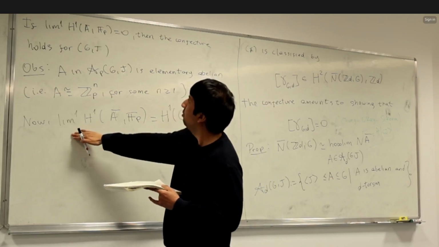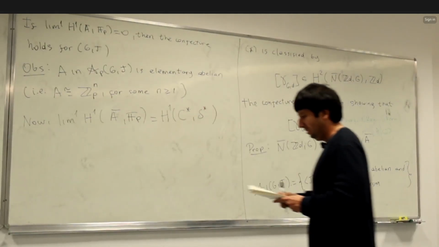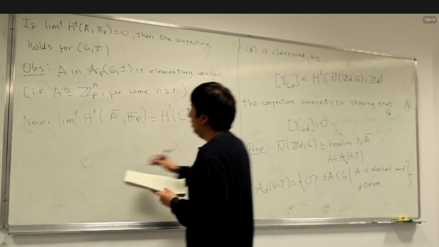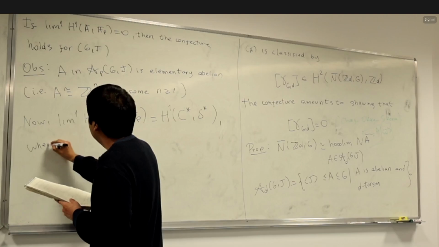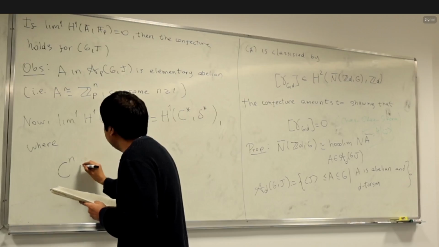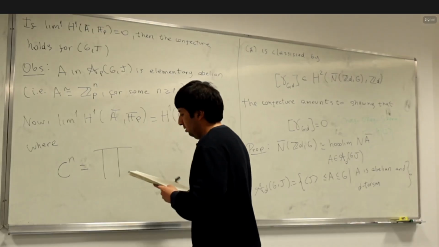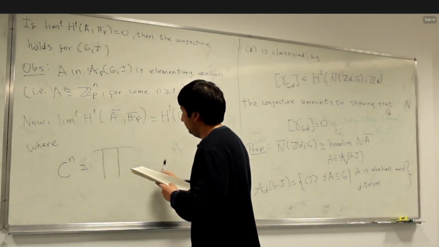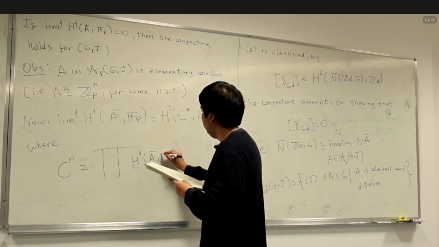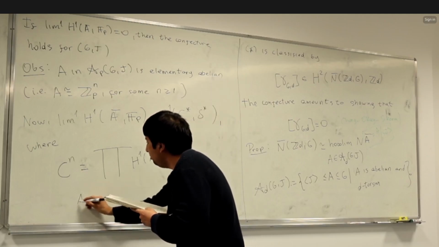Sometimes I will omit to write the poset if there is no problem, just to avoid overcharging the notation. This is the cochain complex. The cochain complex is given by these products, H¹ of Ā, Fp, and this string of arrows.